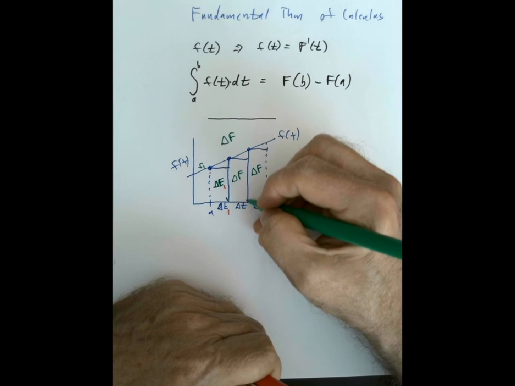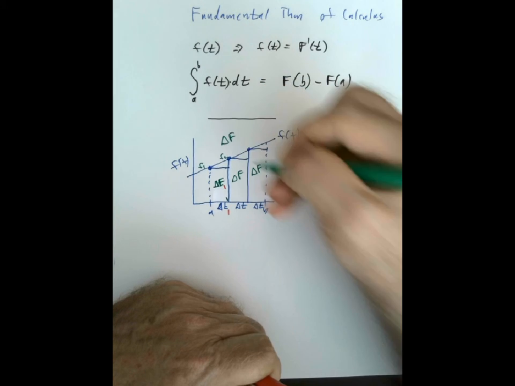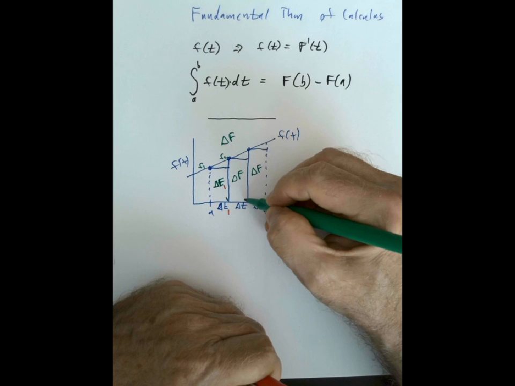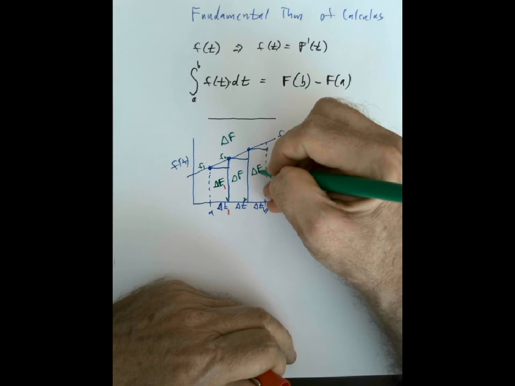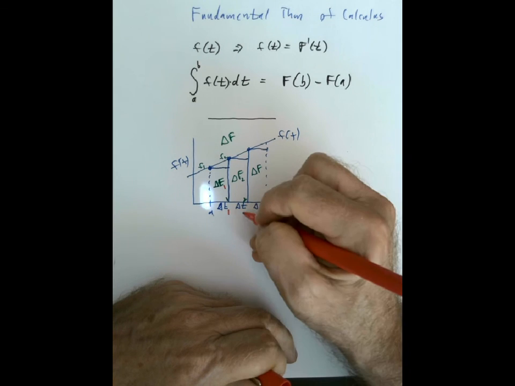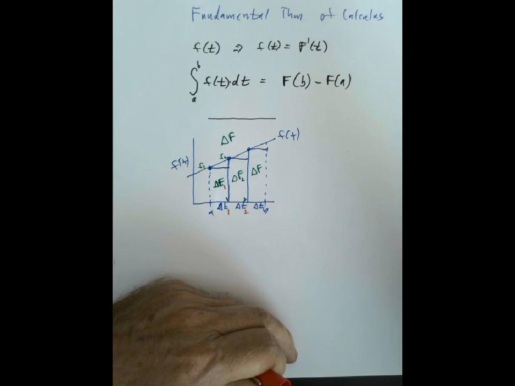Then this was f2, the height of that rectangle there at 2. So this is area 2, this is delta t2, and then this is going to be delta f3.